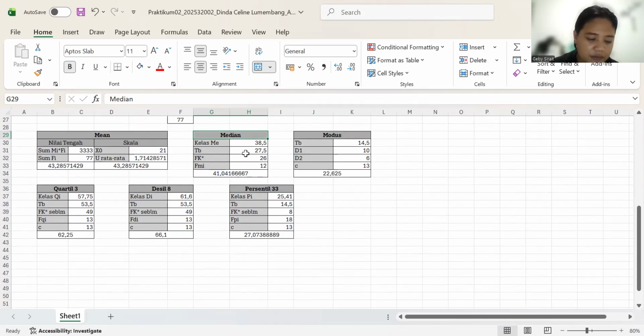The final median value is calculated by adding the lower edge to the result of half the total frequency minus the cumulative frequency before the median class, dividing it by the median class frequency, and finally multiplying it by the class width.